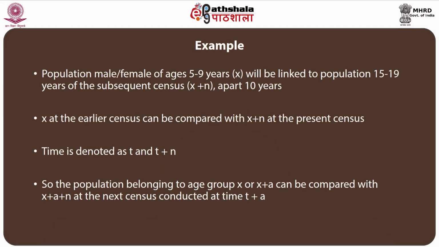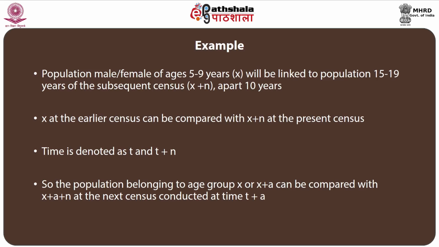For instance, the population of males or females between ages 5 to 9 in one census will be linked to the population aged 15 to 19 in the subsequent census, a part of a 10-year period.